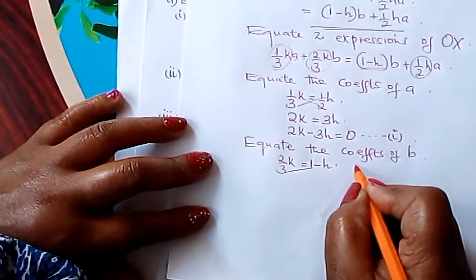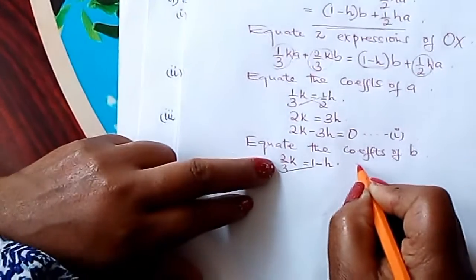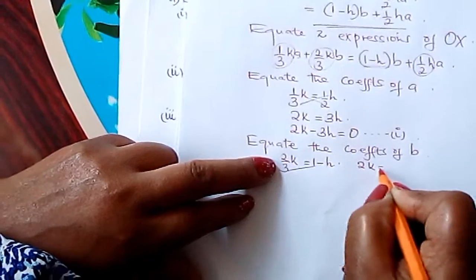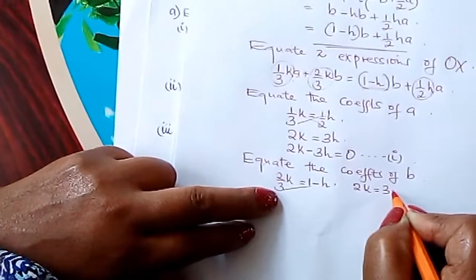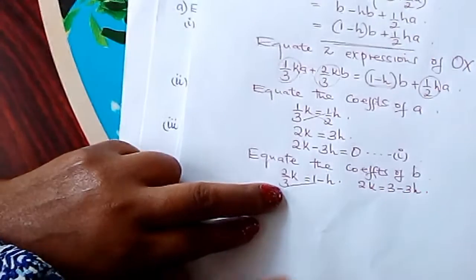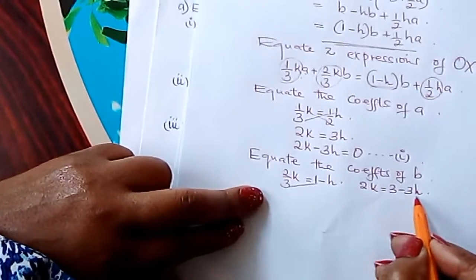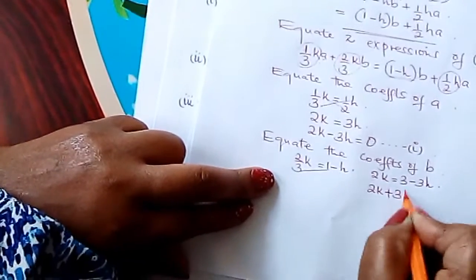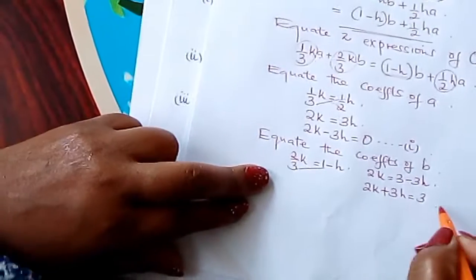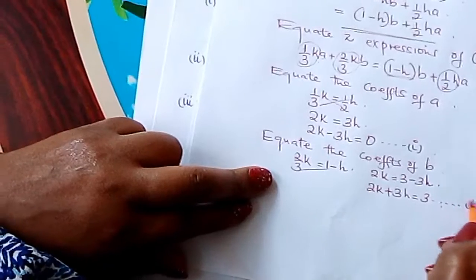This will give you what? This will give you 2K is equals to 3 multiplying this will give you 3 minus 3H. Then bring minus 3H on this side, you get 2K plus 3H is equals to 3, learner. Call this equation, equation 2.